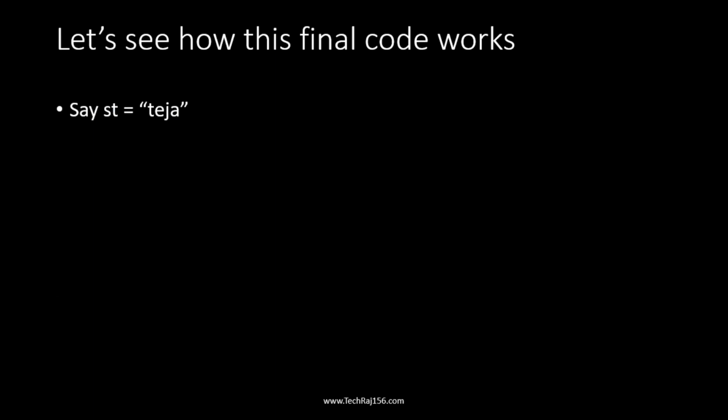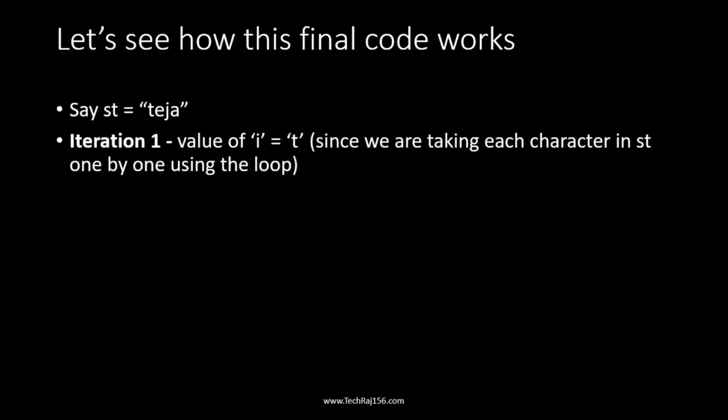So say st equal to Teja. Say the value inputted from the user is Teja. Okay, just say it's Teja, and in the iteration 1 the value of I will be t. So as I told you, the value of I will be t in the first iteration, and since we are taking each character in the st one by one using the loop, the value of I will be t firstly, and then this statement is going to be executed.